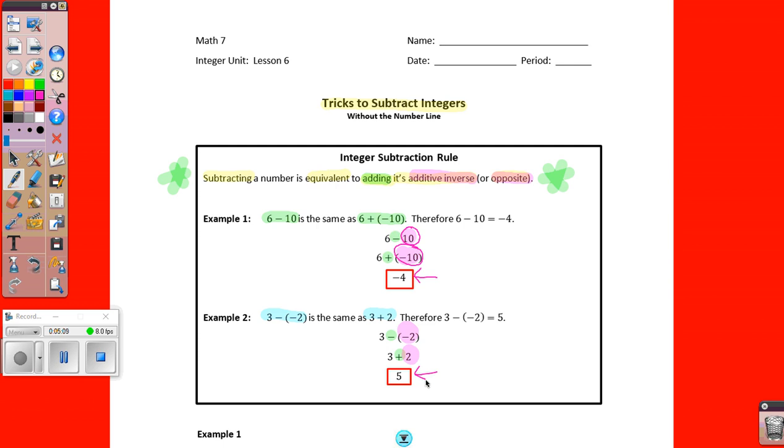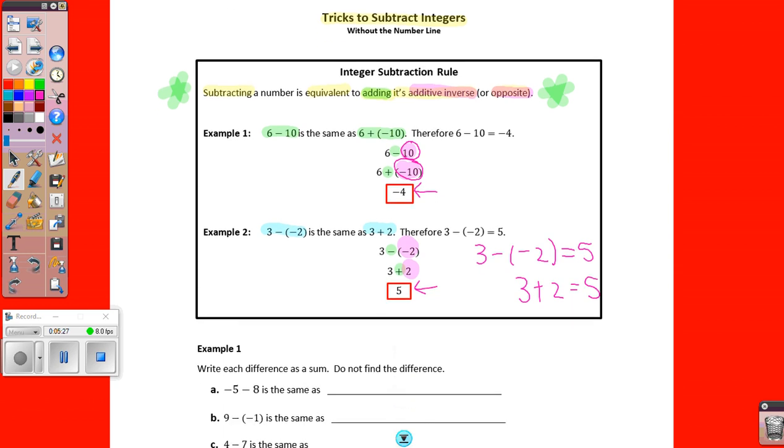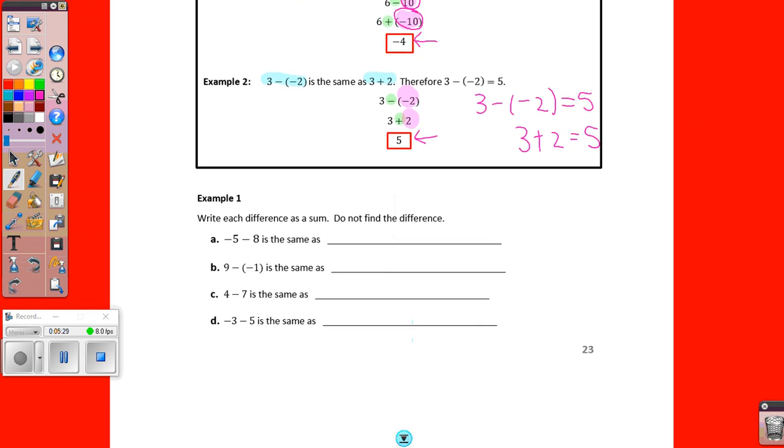So 3 minus negative 2 is equal to 5. 3 plus 2 is also equal to 5. And the reason for that is because those are equivalent expressions. I have an example at the bottom of the page where I will be demonstrating how to rewrite a subtraction problem as a sum.